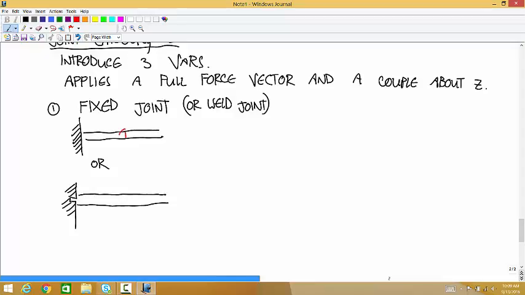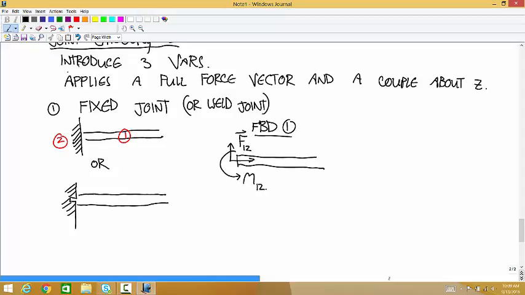So I'll call the rod member 1 and the wall member 2. A free body diagram of member 1 looks like this. You have the force on 1 by 2, and you have the couple M12.